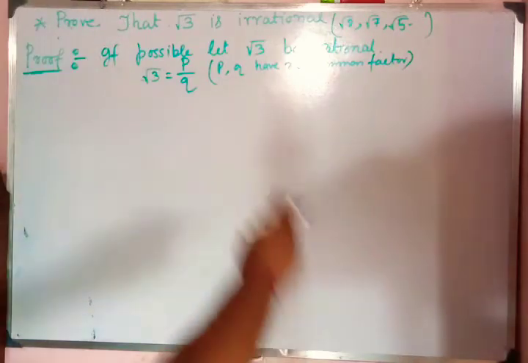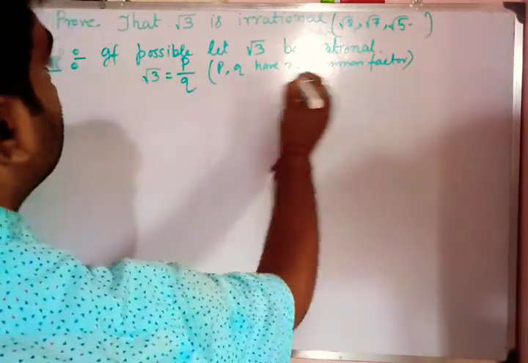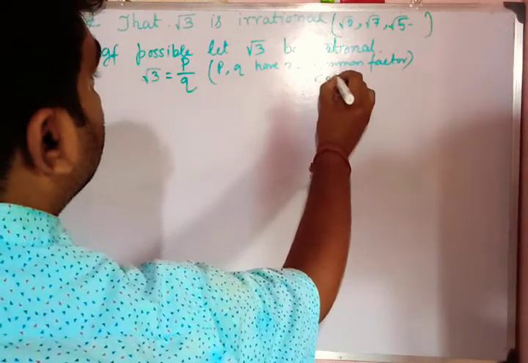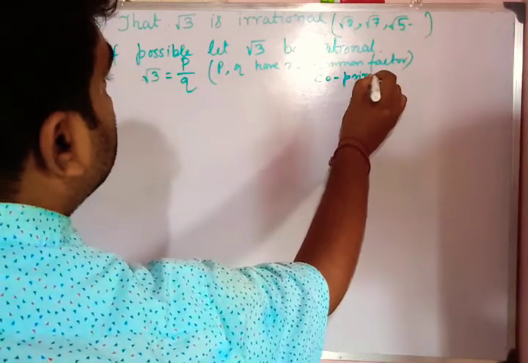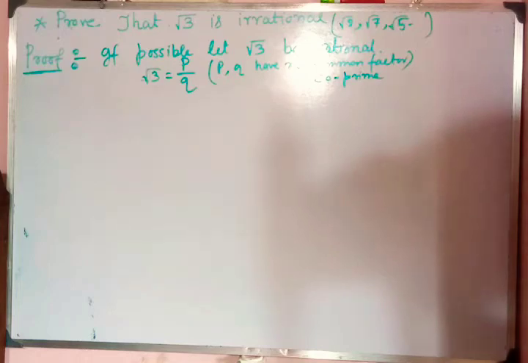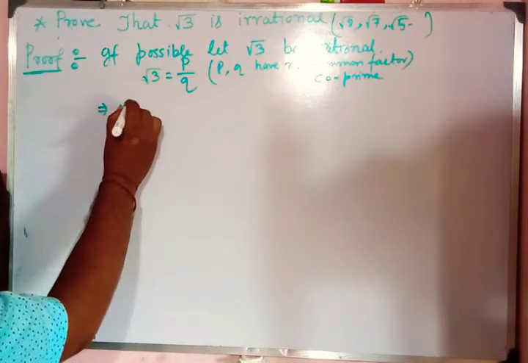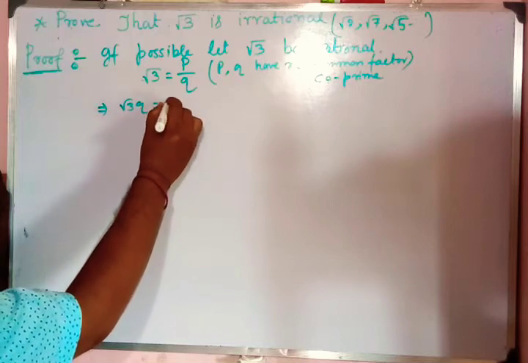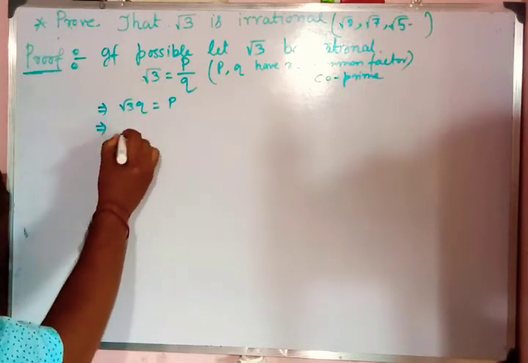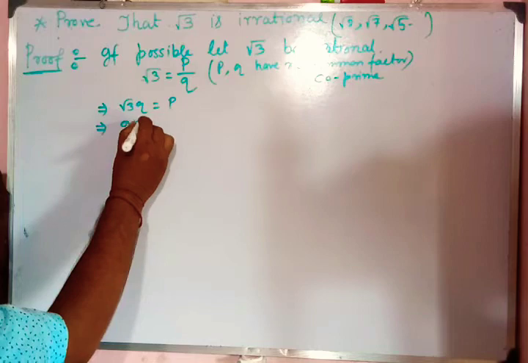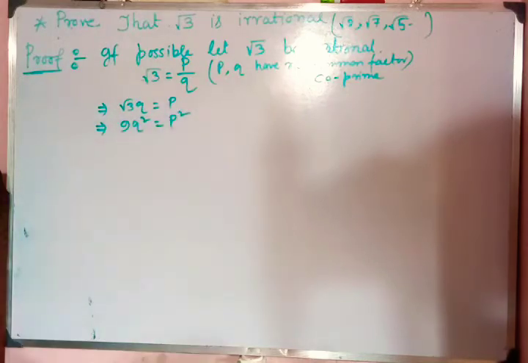That is, P and Q are co-prime. Okay, now from here we can see that root 3 Q is equal to P, that's implying 3Q square equal to P square.